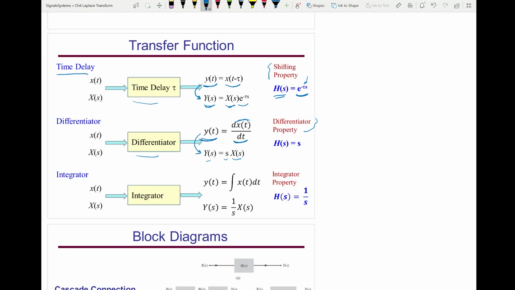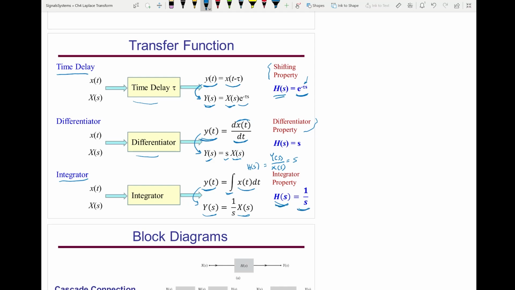If I want to find what h of s, divide both sides by x of s, so then h of s will be just s, which is y of s over x of s. And an integrator, the output will be the integral of the input. To find the transfer function h of s, I just do the Laplace transform, and the output will be just the input divided by s in the Laplace domain, so the transfer function is 1 over s.